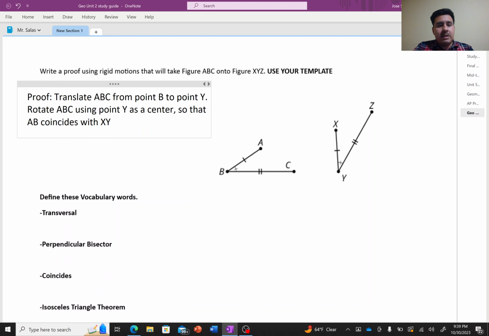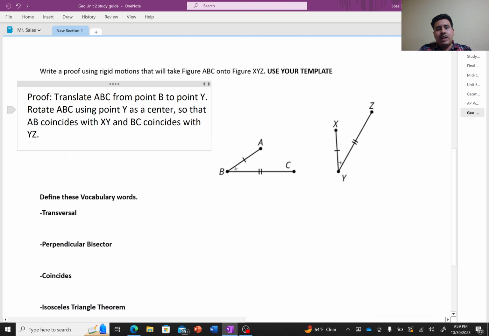By the way, those are segments. And BC coincides with YZ. So we're going to rotate ABC. ABC is over here on this side. We're going to rotate ABC so that AB coincides with XY and BC coincides with YZ. Okay.